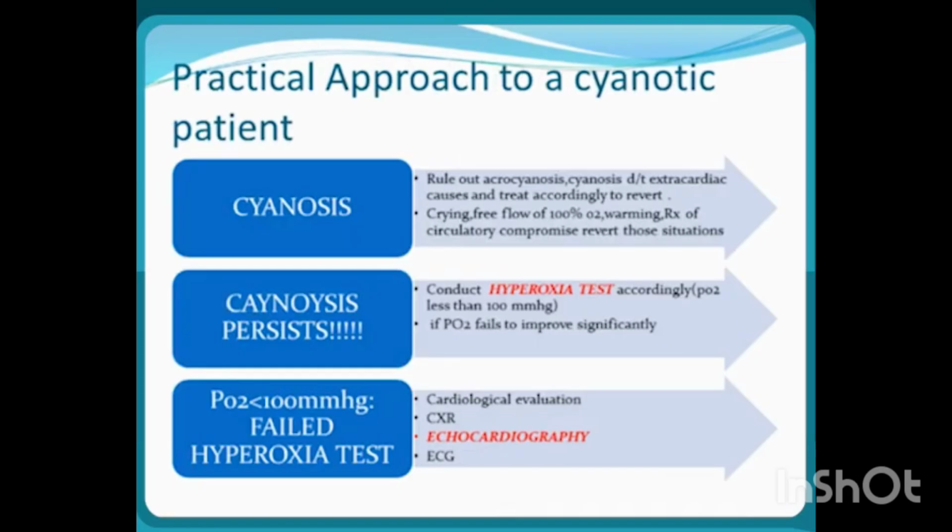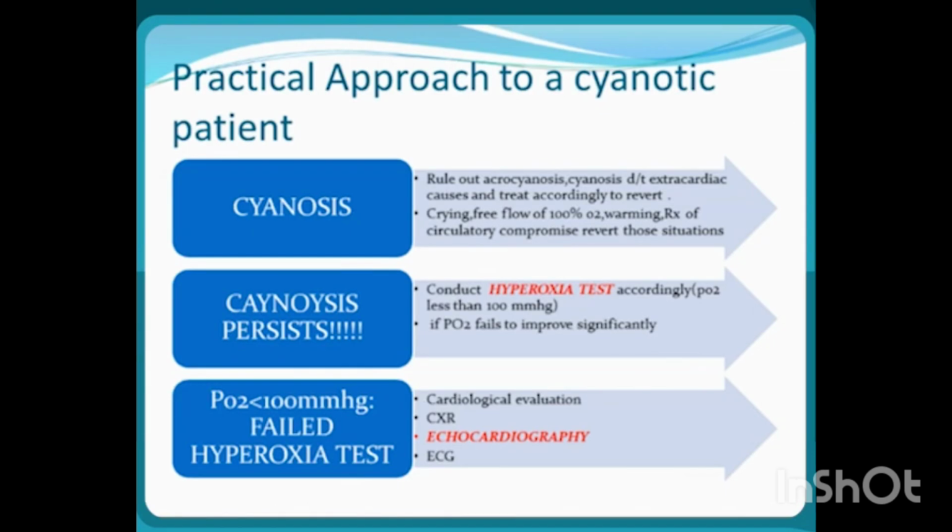So what is a practical approach to a cyanotic patient? First thing first, if the patient is having the cyanosis, rule out acrocyanosis or cyanosis due to extracardiac cause, mainly the respiratory cause. If you are confirmed that this is cyanosis due to congenital heart disease, then you have to do the hyperoxy test if you are not sure.